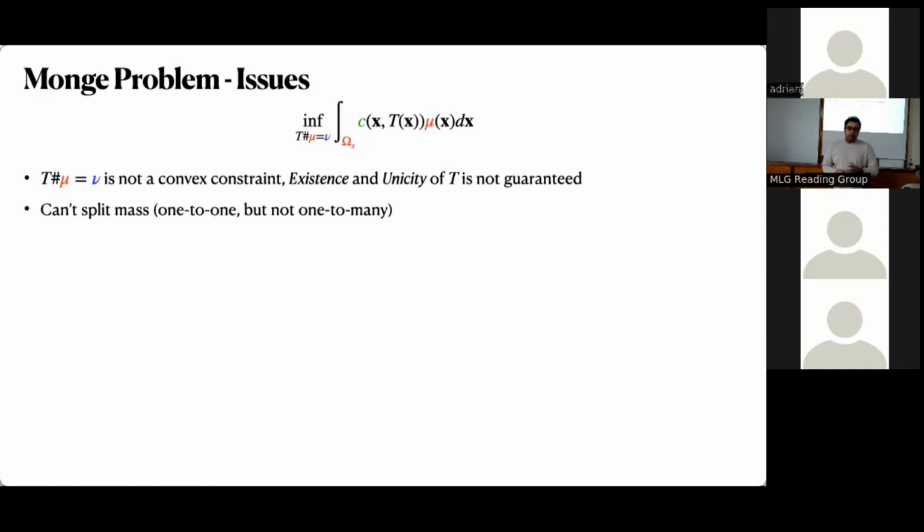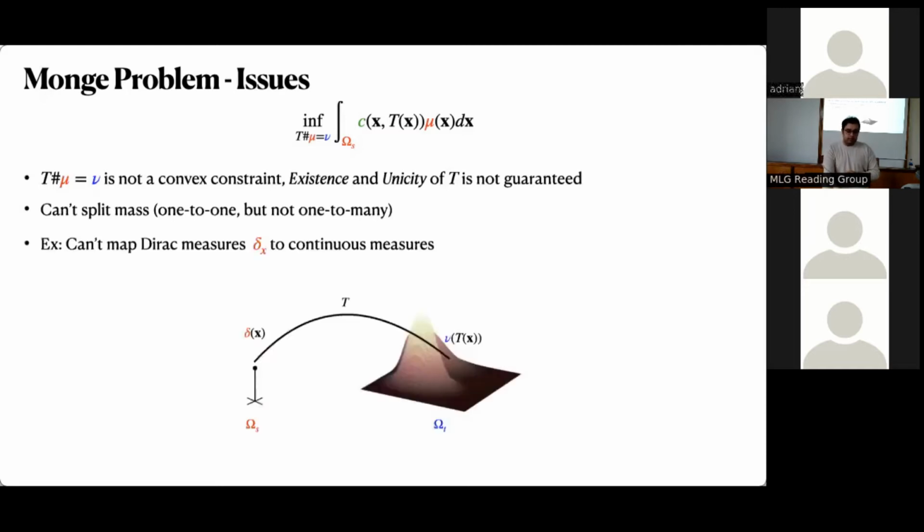And the other biggest constraint here is that this push forward operator doesn't allow you to split mass. So if you have a point x in the original measure mu, you can't spread its mass around to multiple points in the new measure nu, because of the way this is formulated in its current form. So if you think about it, you can't really map a Dirac delta measure to a continuous measure, because if you plug in the Dirac, yeah.